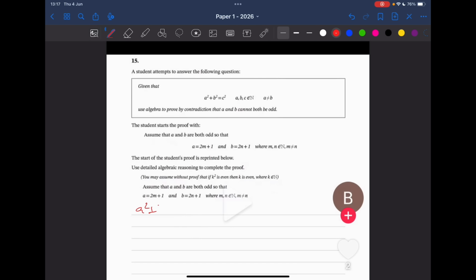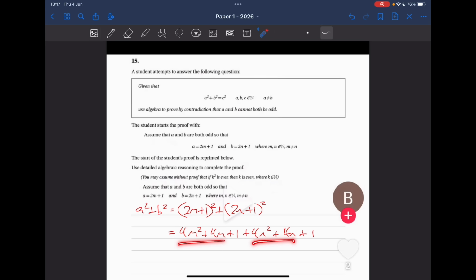So a squared plus b squared is going to equal 2m plus 1 squared plus 2n plus 1 squared. Let's expand that all out. We'll have 4m squared plus 4m plus 1 plus 4n squared plus 4n plus 1. All of these things are either even, or there's an even amount of them.